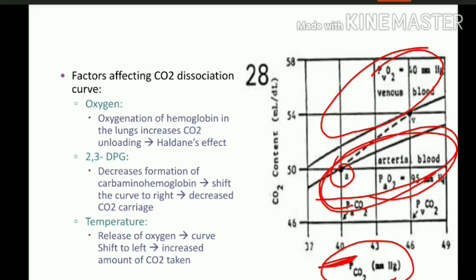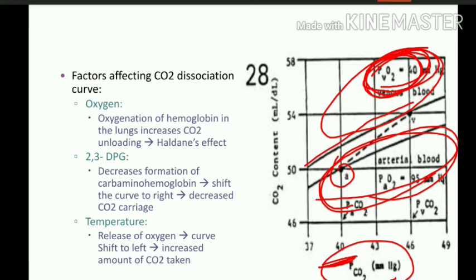But at the same partial pressure of carbon dioxide, if the blood is venous blood, the partial pressure of oxygen is less. You can see here in the venous blood, partial pressure of oxygen is only 40 mmHg. So what happens here? The curve is shifted towards the left side, meaning carbon dioxide content is more in the venous blood.